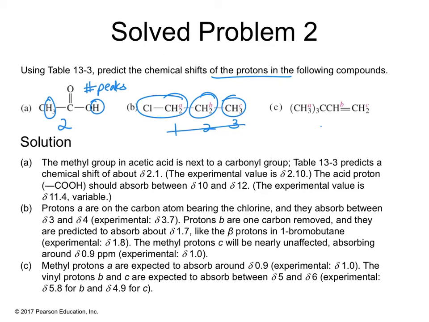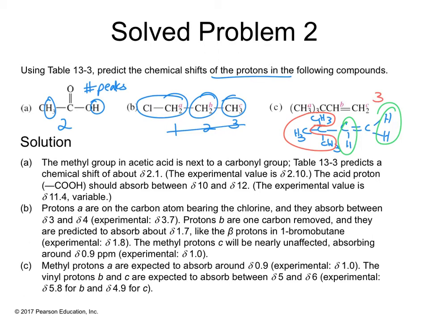And here, sometimes you might have to draw these Lewis structures out. So you can see where these are different, this is different, and then these would be different. So this would be 3 peaks.